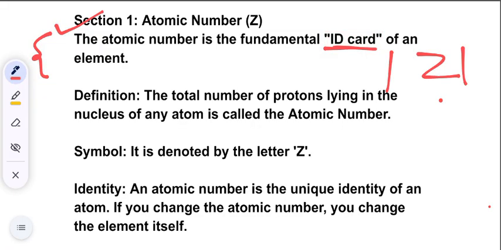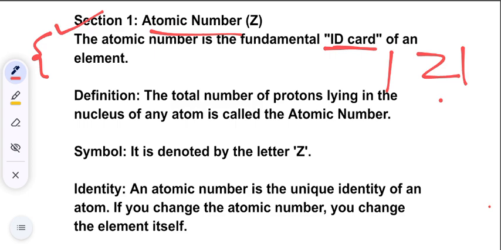Why an ID card? Because it gives us all the information related to an element, and if you change that element's atomic number, that means you are going to change the element itself. This is how important atomic number is.